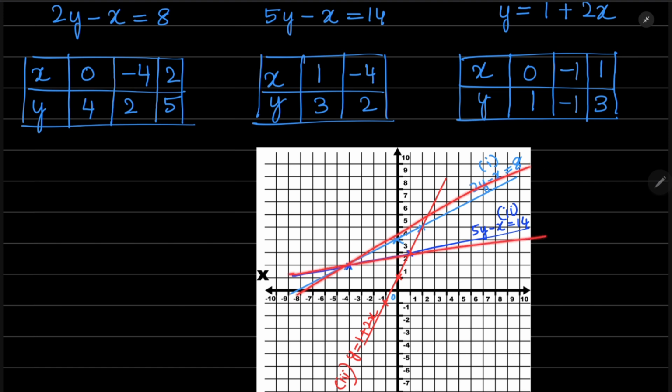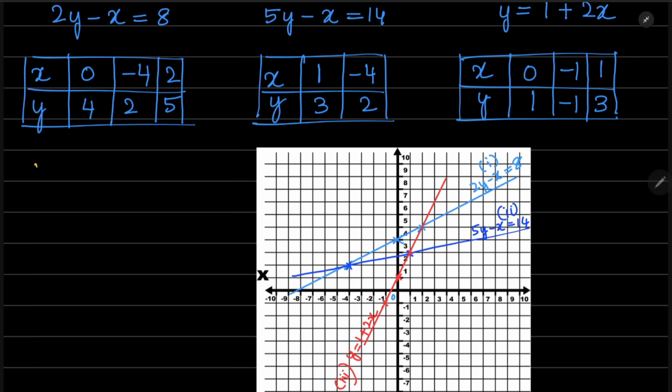First two lines intersect where? Am I doing it correctly? Yeah, okay. So the first two lines intersect at (-4, 2).